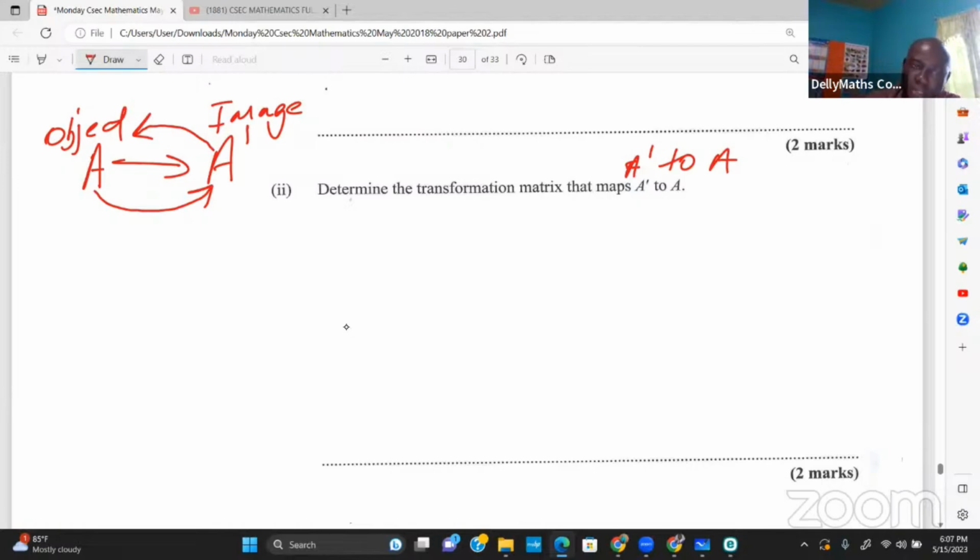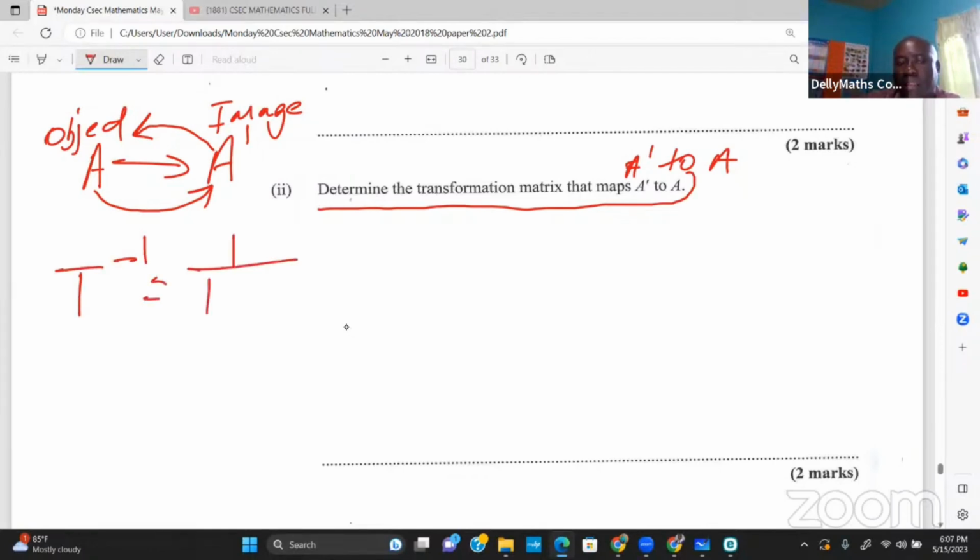So this question is testing whether you understand that if I'm going to move from my image back to the object, I have to do the inverse of what took me there. So in this context, we're going to have to find the inverse of T. T inverse is 1 over the determinant of T times the adjoint of T. We want to relate to those ideas.